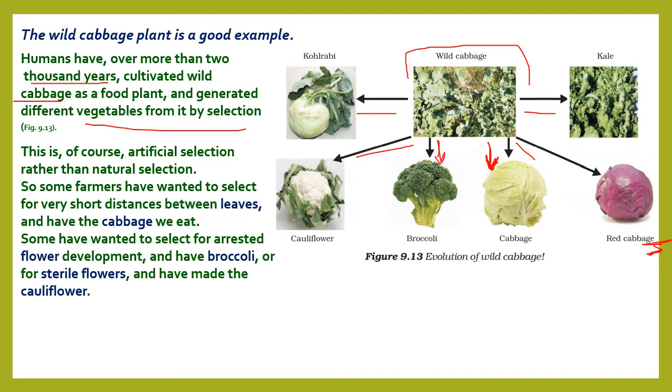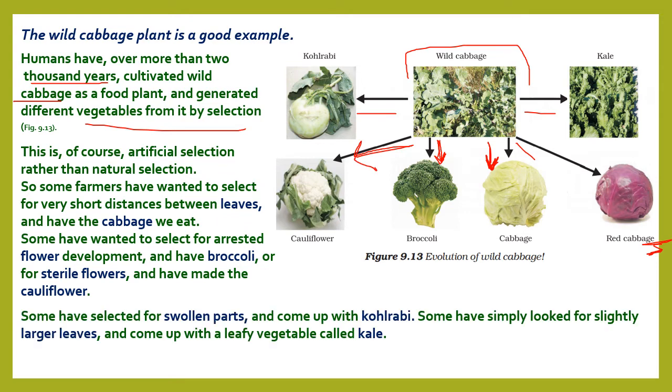Some others selected for sterile flowers, and then they got cauliflower. Some selected for the swollen part of the wild cabbage, and then they came up with kohlrabi. Some have simply looked for slightly larger leaves, and they came up with the leafy vegetable, that is kale.